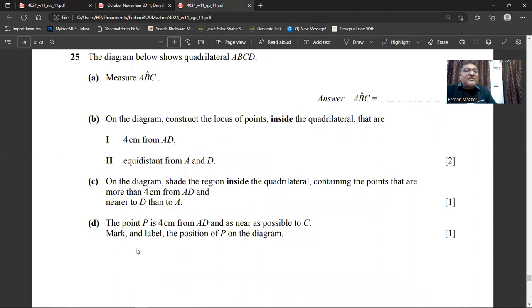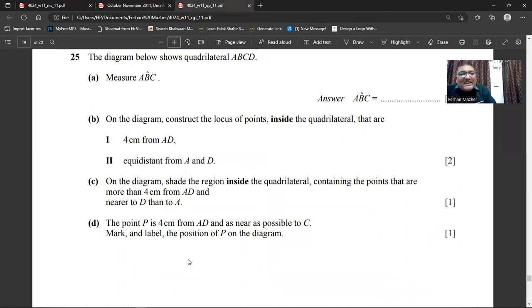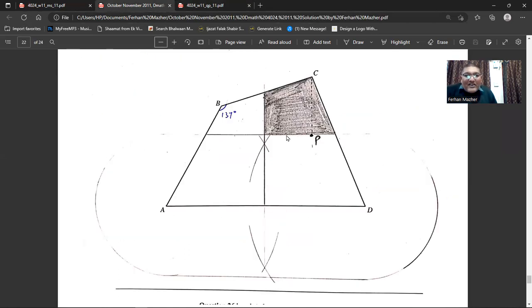And then it says the point P is 4 centimeter from AD, so the point P is on this line, and as near as possible to C. On this line, you will be nearest to C when the line coming from C is perpendicular to this line.